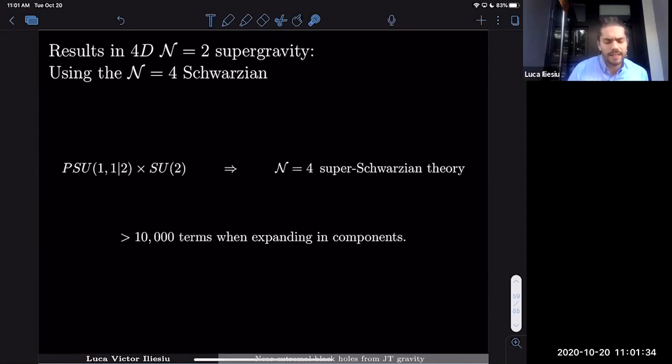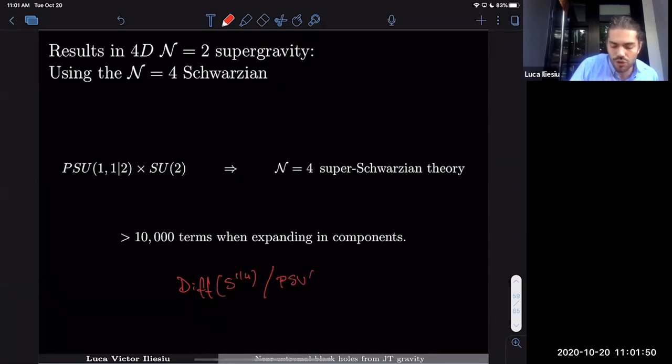Just to be more precise, it comes from the fact that the integration space for our variables ends up being the space of super diffeomorphisms that has to be quotiented by this PSU(1,1|2) group in order to get rid of the zero modes associated to this action.